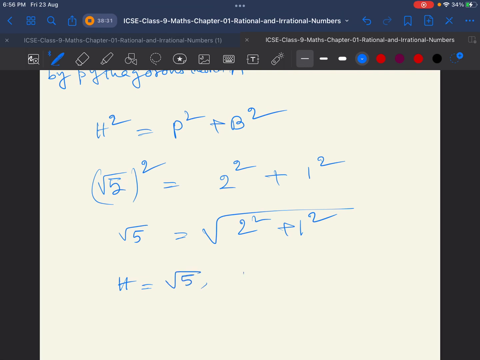So the hypotenuse is root 5 and the perpendicular is 2 and the base is 1.